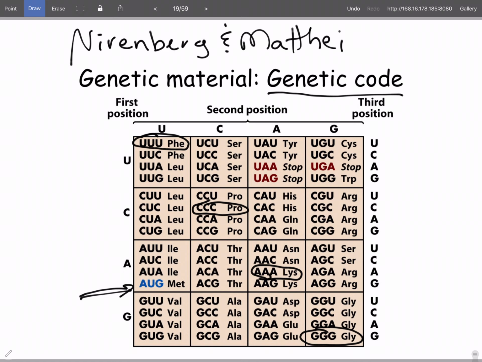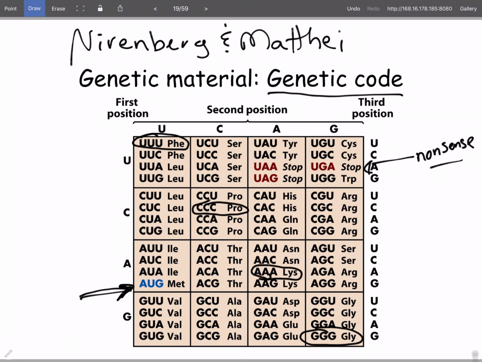They found that methionine was always used as a start, right? And they found a whole bunch of codons that didn't produce any peptides. And so they were stop codons, but they called them nonsense codons because they didn't make any sense at the time. So we had sense codons, all the ones that produced a polypeptide, and then we had nonsense codons, which were the stop codons.